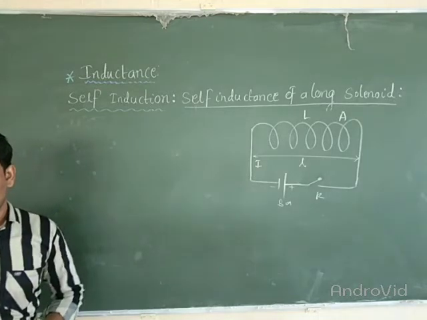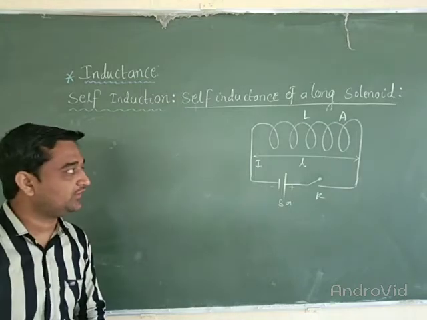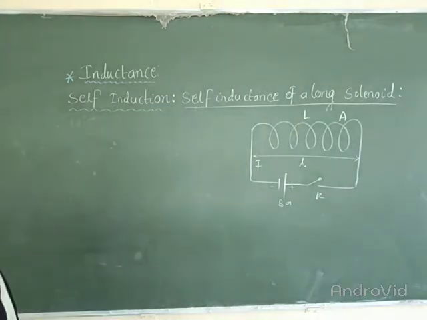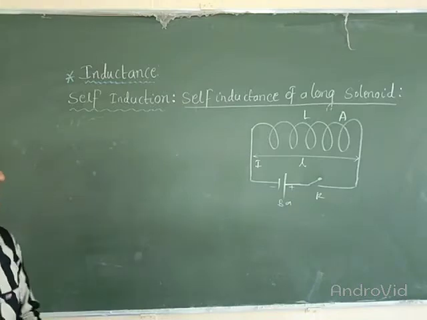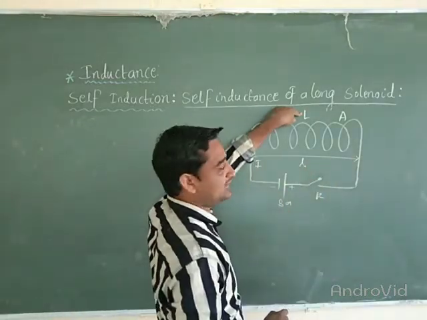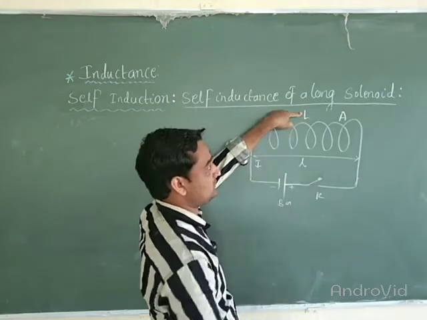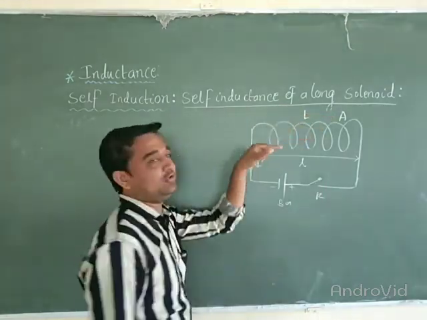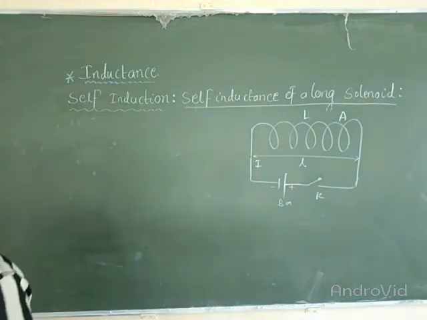We have considered here a long solenoid of length small l. The length of the solenoid is l, and capital L indicates what? It is the self inductance of the coil, and A is the area of cross section of the solenoid.